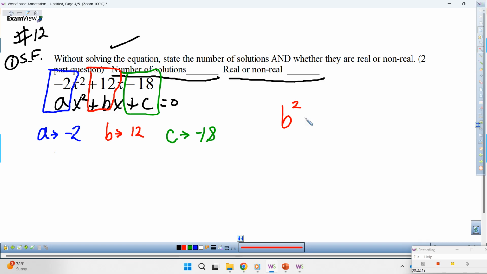Write that down: B squared minus 4AC. So parentheses squared minus 4 parentheses parentheses. What is B? B is 12. A is negative 2. And C is negative 18.